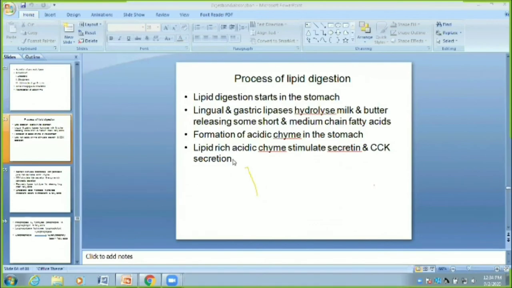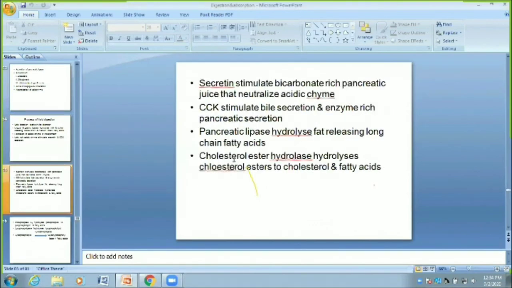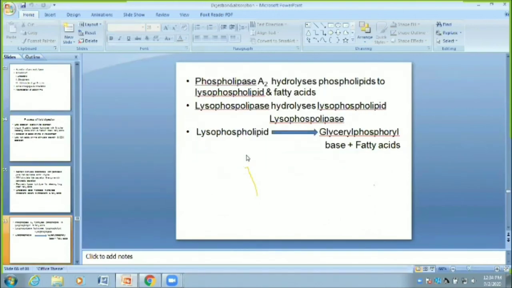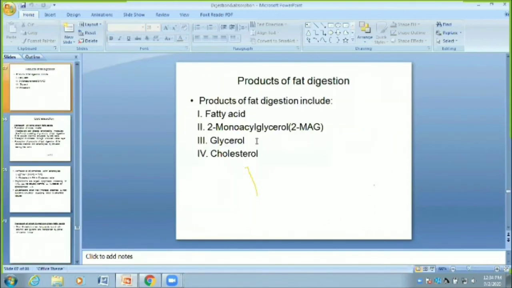Next, we already mentioned it. There is no requirement of mentioning this. Ultimately, the products of fat digestion will come: fatty acid, 2-monoacyl glycerol, cholesterol.